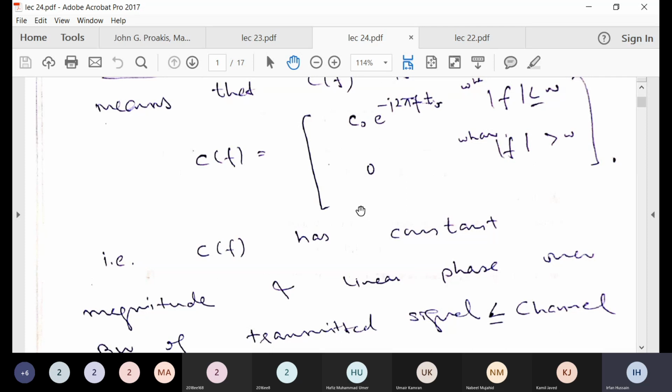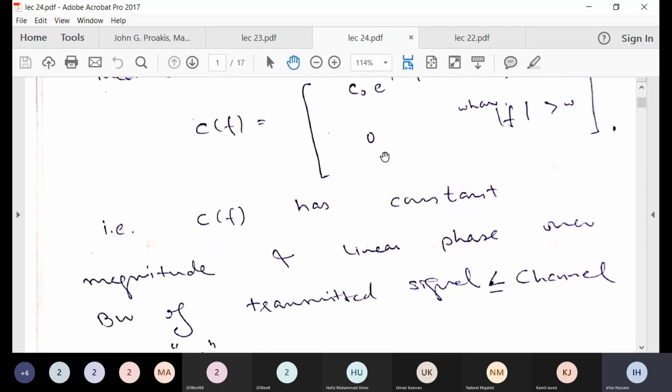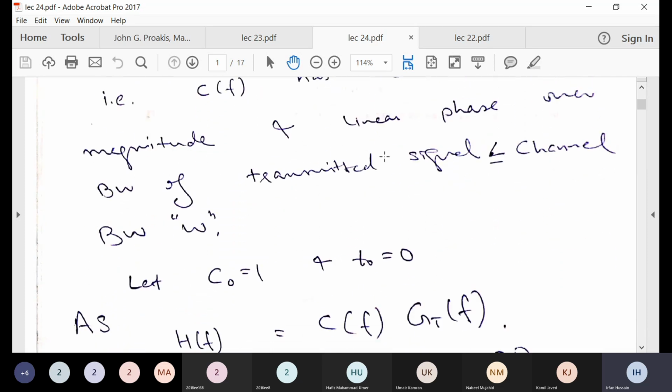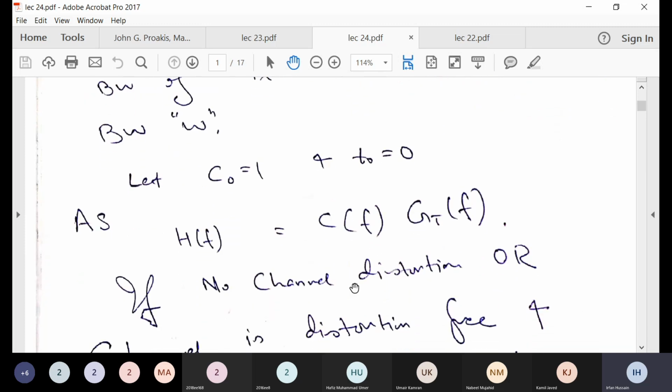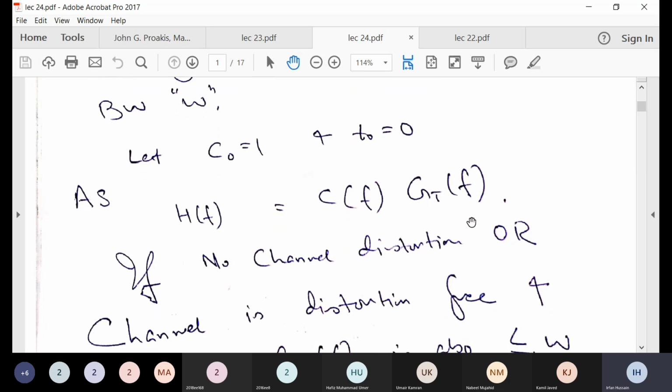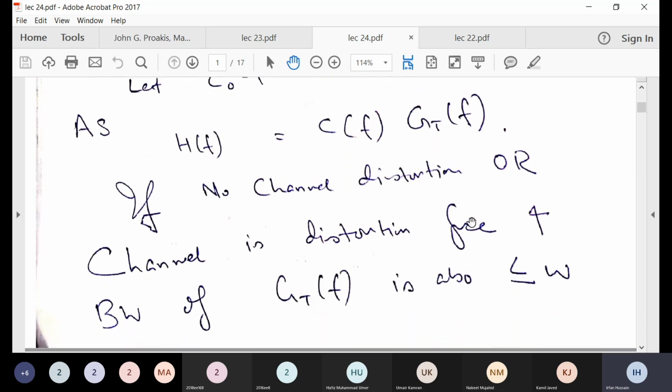And in amplitude multiplied by C naught, phase is just e^(-j2πf t naught). So if I assume that t naught is 0, this means H(f) is just equal to C(f) into G_T(f), or there is no distortion, the signal is passed as such.